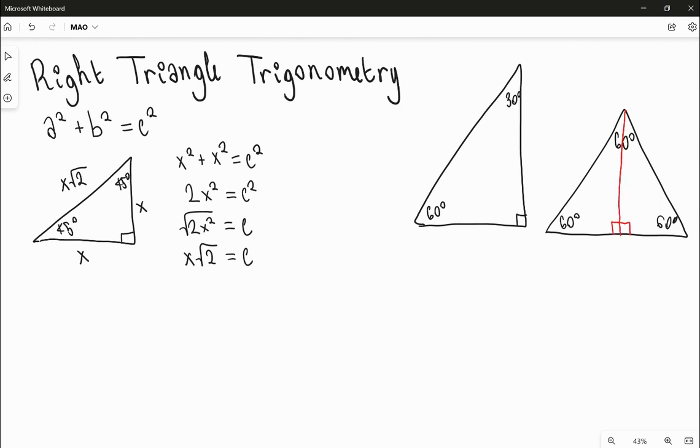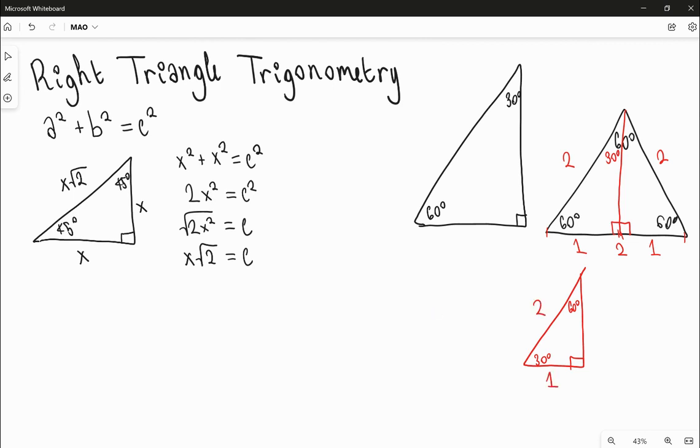You have this 90 degrees in the center here, and now this is 30 degrees. If you set each side of the triangle equal to 2, then the length of the short leg is equal to 1. If you split that, you get your 30, 60, 90 triangle, and you have 1 here and 2 here.